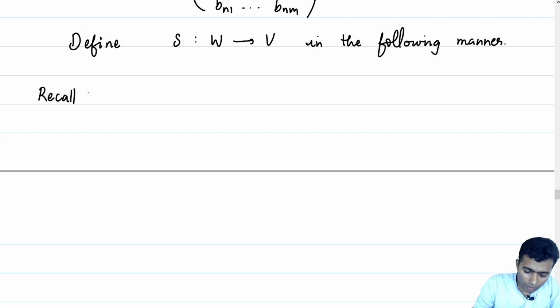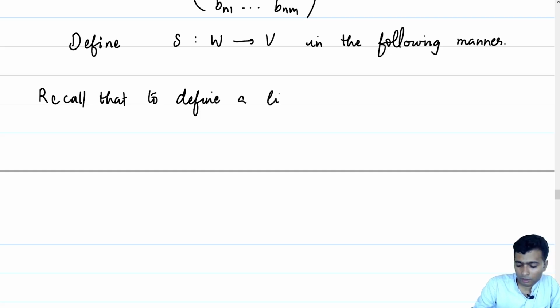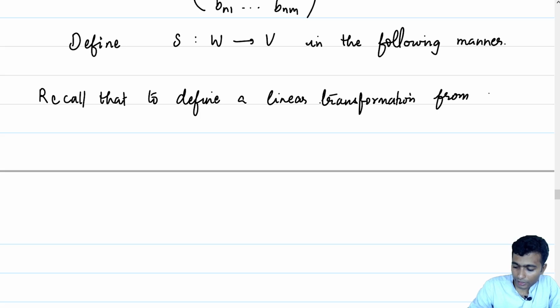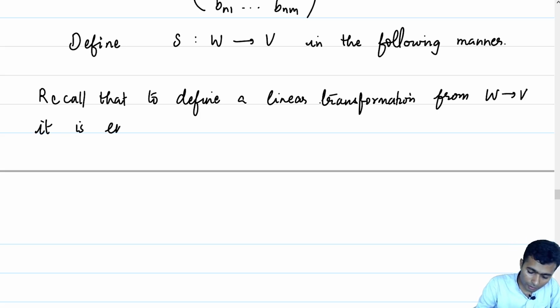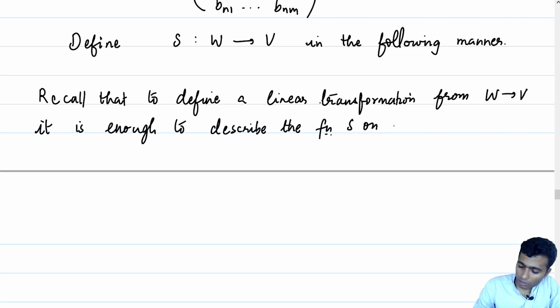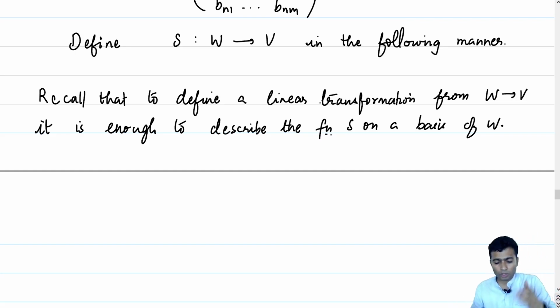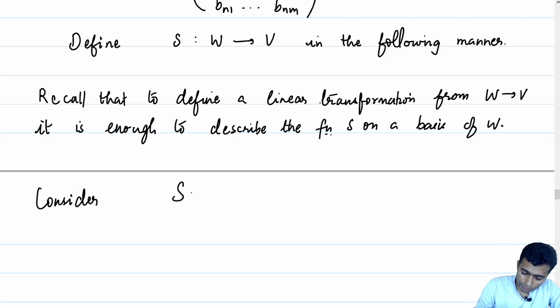So recall that to define a linear transformation from W to V, it is enough to describe the function S on a basis of W. But we are already given a basis of W. So consider S of Wj.